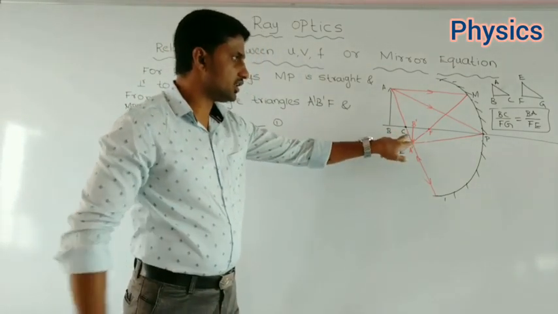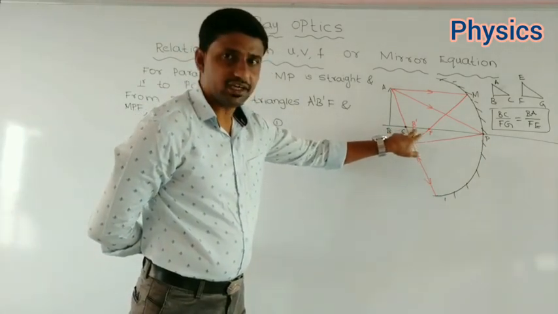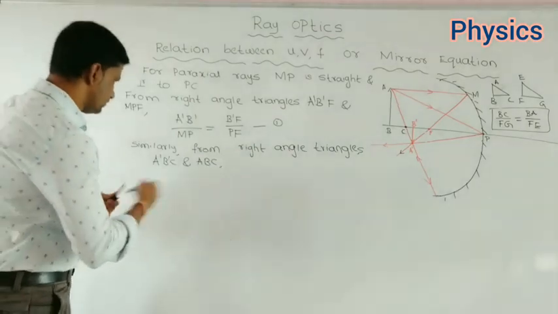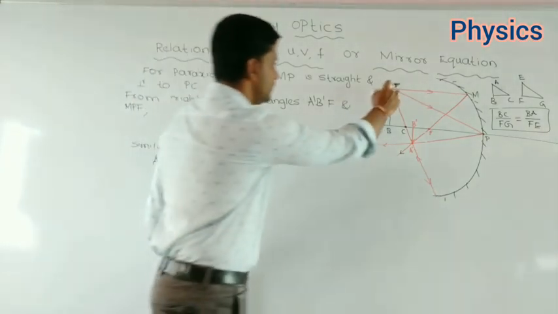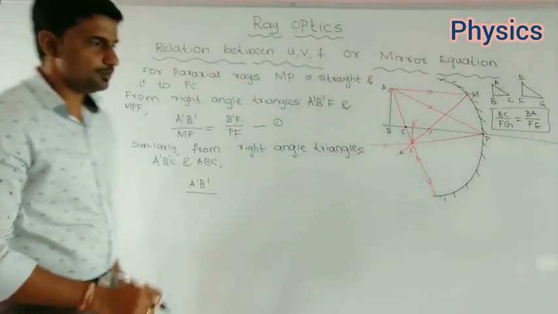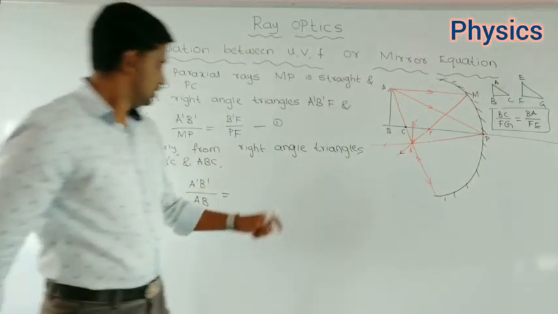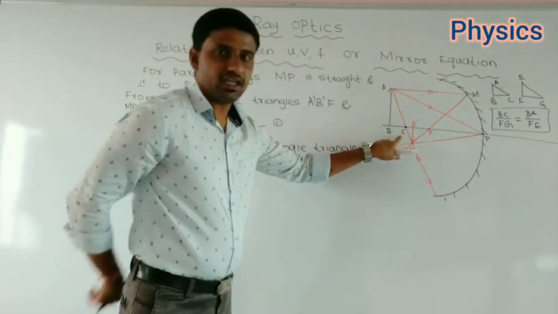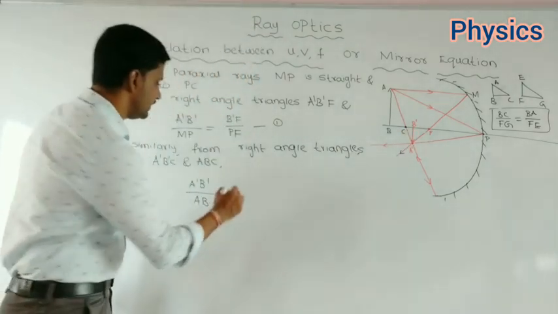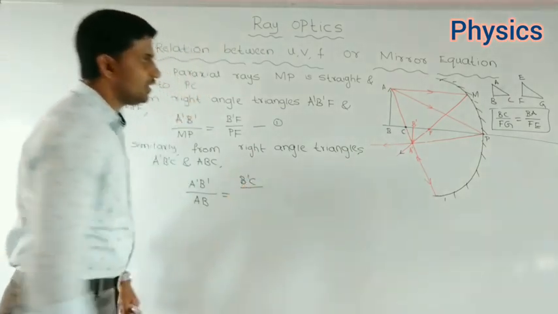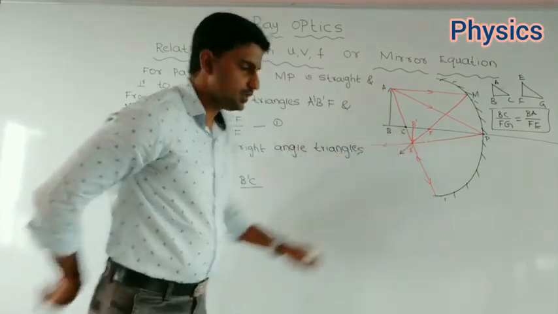The base of triangle A dash B dash C is A dash B dash, and in triangle ABC the base is AB. That is equal to, from triangle A dash B dash C, the side B dash C, and from triangle ABC, the side BC.